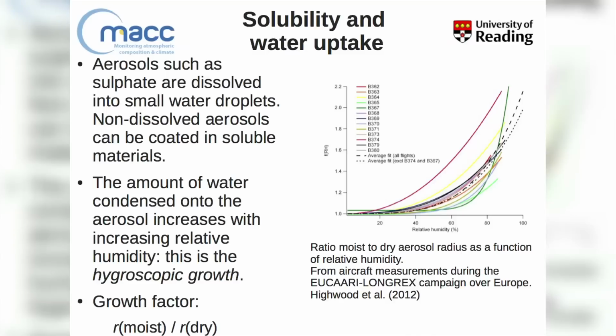And then there is a massive growth as a function of relative humidity, up to growth factors of more than 2. So the moist aerosol is more than twice as big as the dry aerosol.